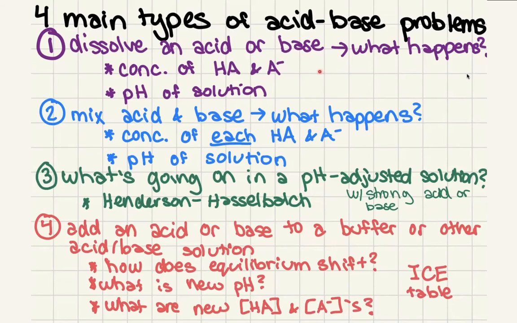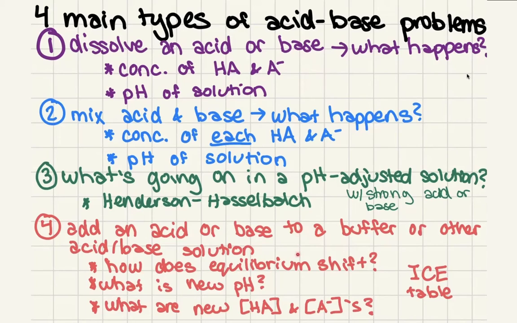Now we'll see in the first type of problem that if we just dissolve an acid in water, we're going to reach some sort of equilibrium and have a specific pH, and that pH is going to depend on the concentration of the acid that we add, as well as the pKa of that acid. Those are going to determine what the pH is. But that doesn't mean we're stuck at that pH.